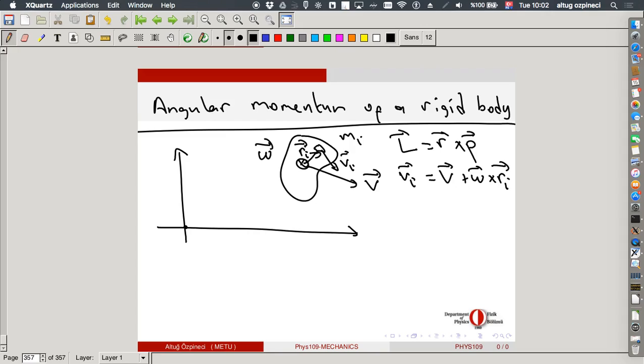So angular velocity doesn't depend on your choice of the rotation axis. You are in your inertial reference frame, looking at it and just measuring how long it takes to make one full rotation. It is this omega.